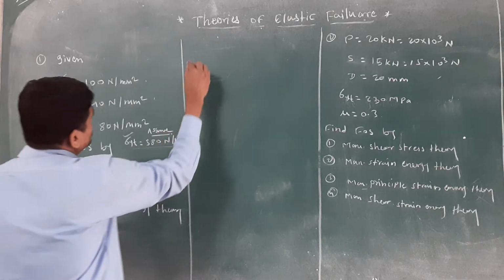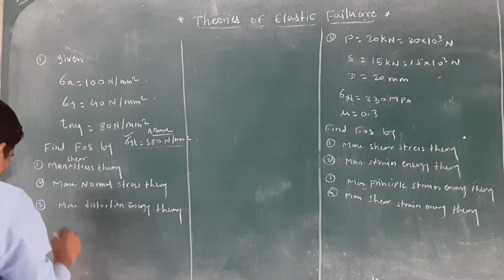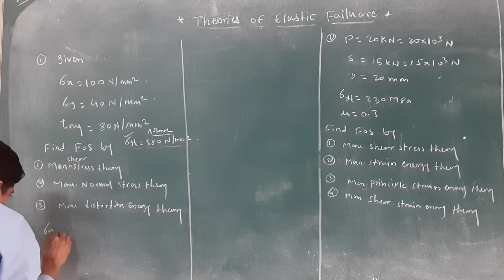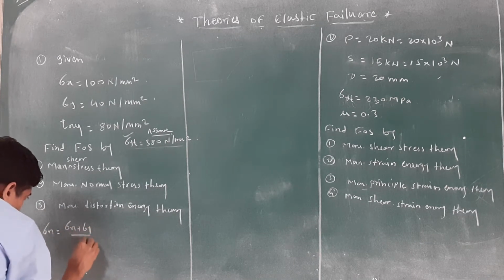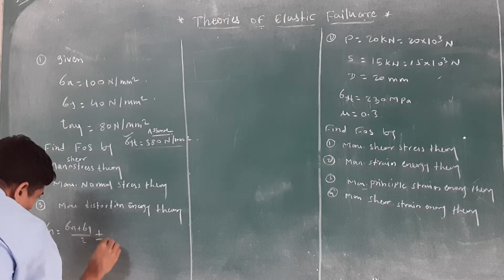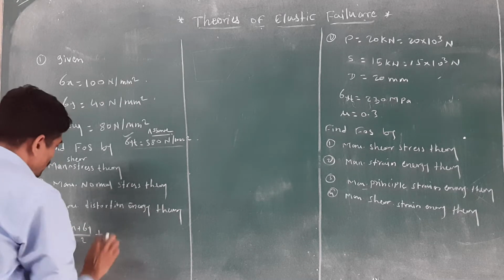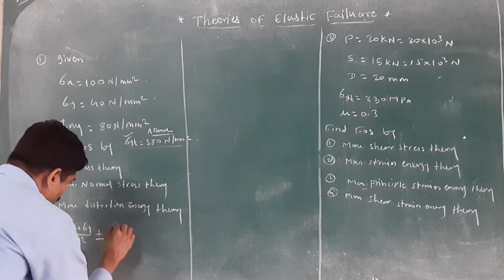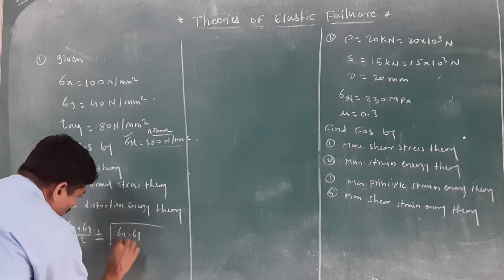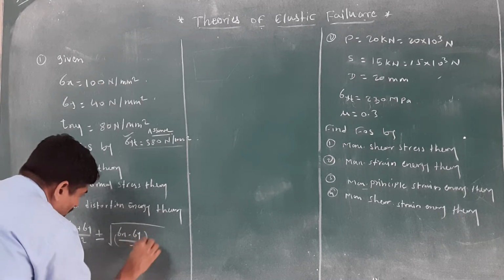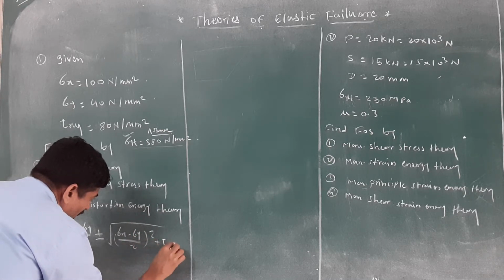Sigma n is equal to what? Anybody? Sigma x plus sigma y divided by 2, plus or minus the root of (sigma x minus sigma y divided by 2) whole square plus tau xy square.